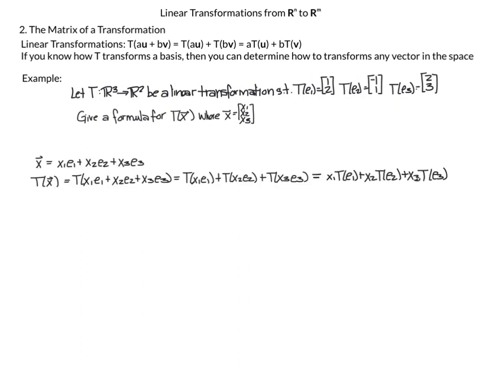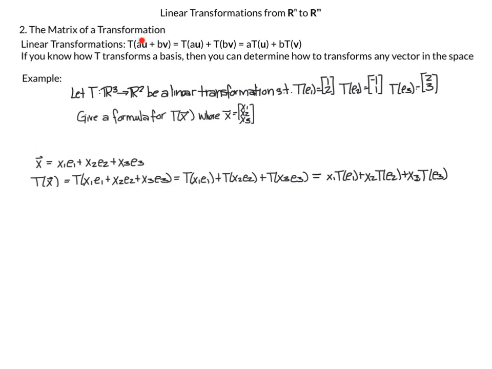And we're going to start very similar to what we had before. We're going to write our random variable x, which is equal to x1, x2, x3, in terms of our basis vectors e1, e2, e3. And since it's the standard bases, x is equal to x1 times e1 plus x2 times e2 plus x3 times e3. That means now we can take the transform of x, and that's equal to taking the transform of the right-hand side, which is x1 e1 plus x2 e2 plus x3 e3.